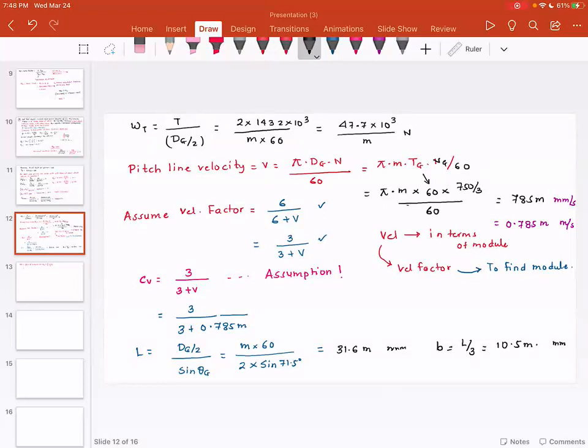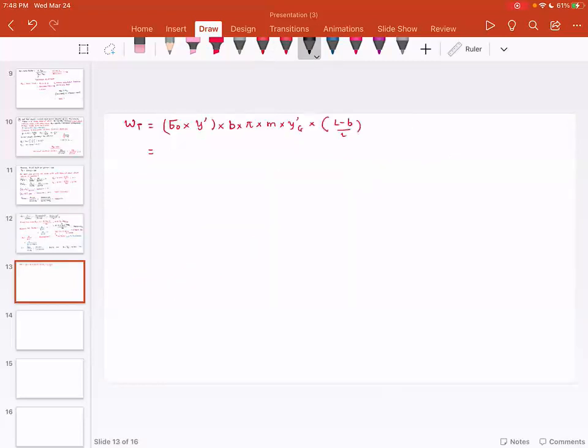So I would plug in the values in this equation.